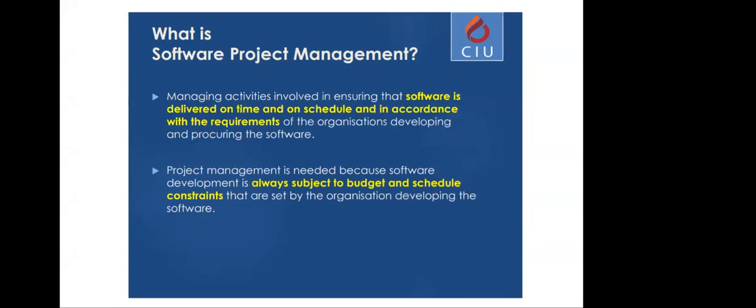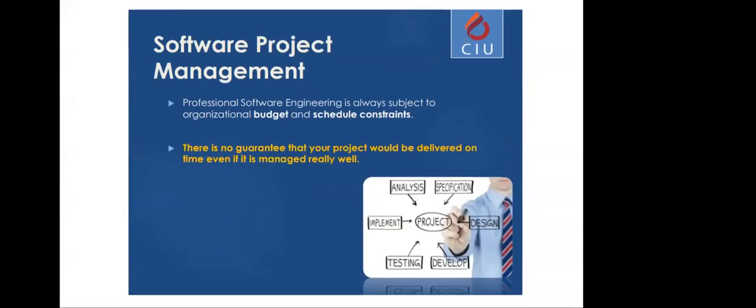But software project management is probably much more unpredictable when compared to other areas. There is no guarantee that the software will be developed and delivered on time, even though the software project management is on the right track.